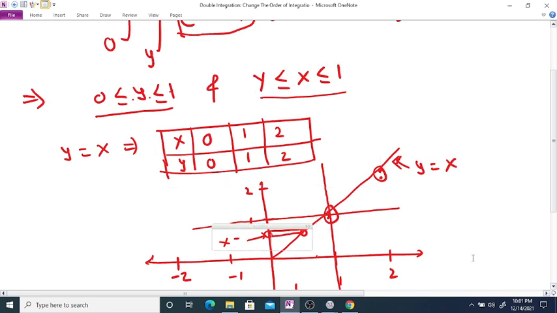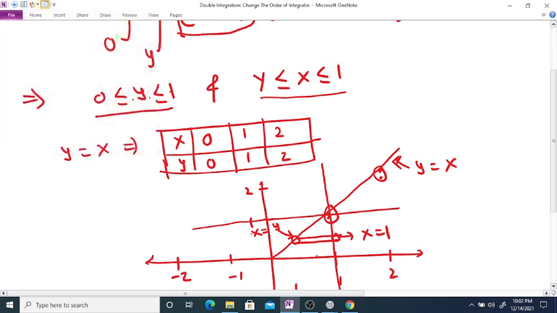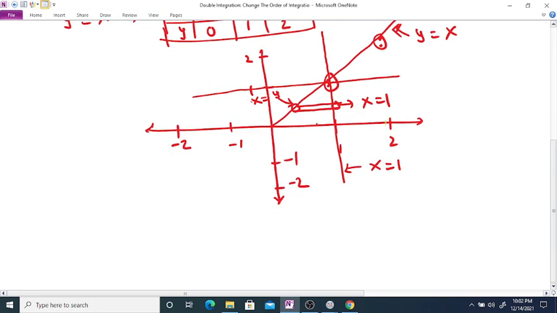If we consider the horizontal strip in another closed region, then in this region x enters at x equal to y and leaves at x equal to 1. So this is our closed region.